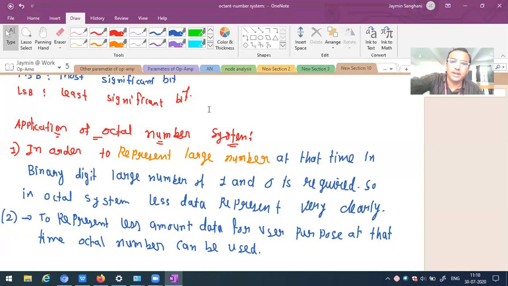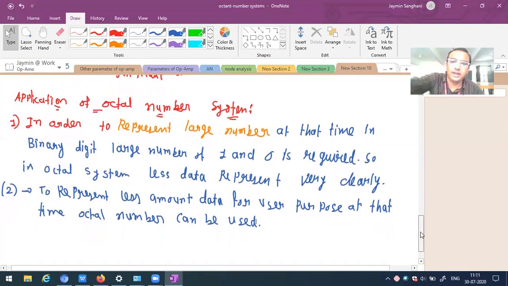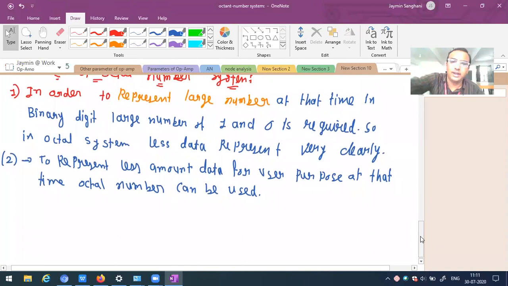Now, how is an octal number converted into binary, octal to binary conversion, how is it possible? See this.